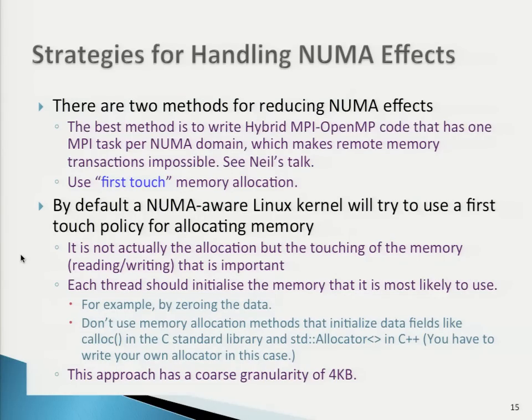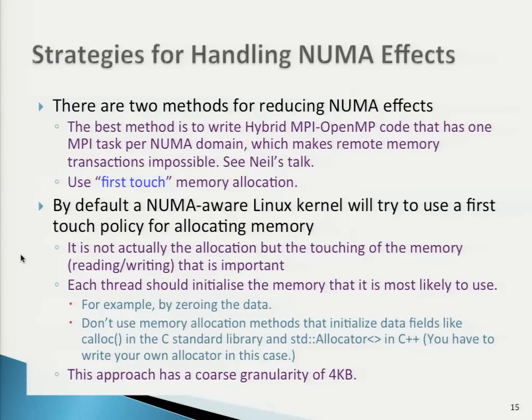This is by far and away the preferable technique. On Sandy Bridge, NUMA effects are not as strong as they are on Interlagos. On Interlagos, if you start trying to communicate information between NUMA domains, it gets very slow very quickly. But Sandy Bridge is actually quite tolerant of that. But typically, you will want to just use this approach of one MPI task per NUMA domain.